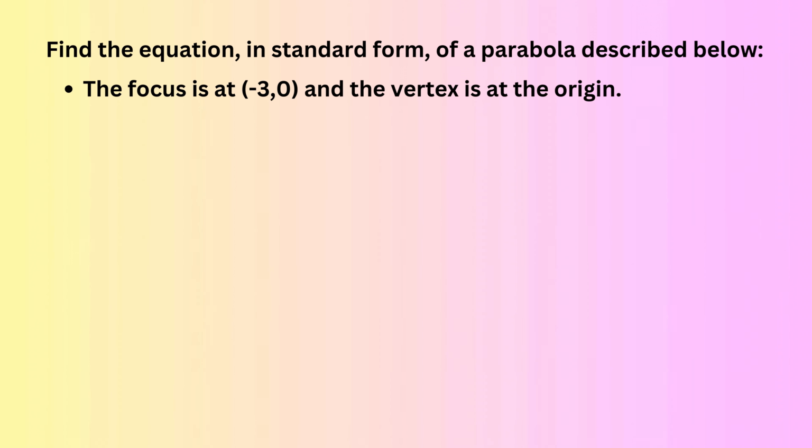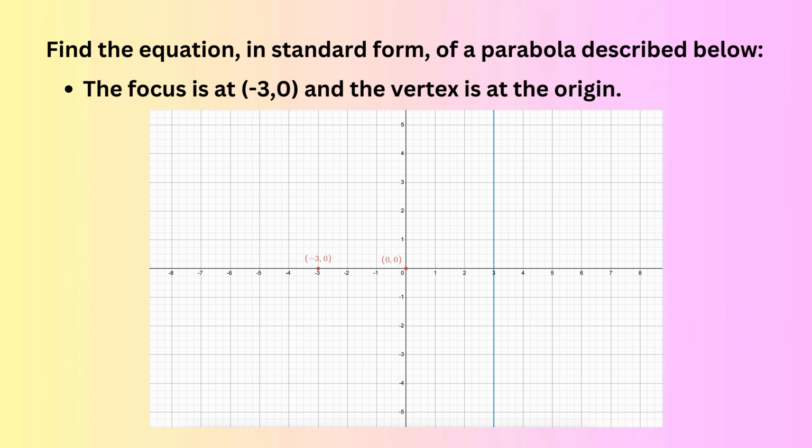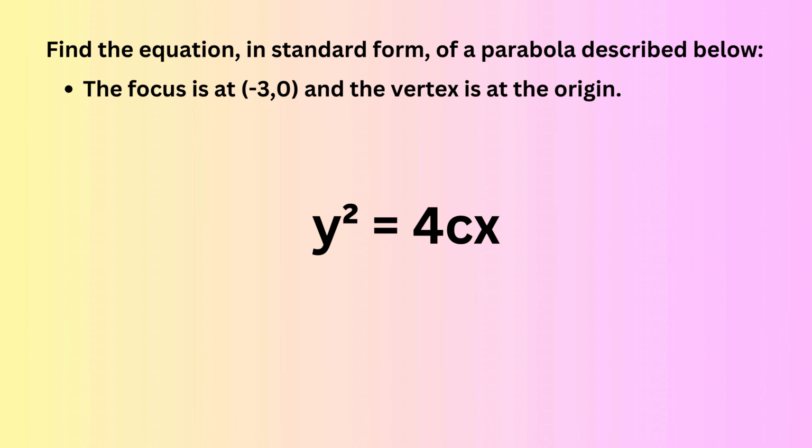Now, for the last given, our focus is at (-3, 0), and the vertex is at the origin. Using this given, even without graphing, we know that the parabola opens to the left, since the focus is to the left of the vertex. Hence, we will use the equation y squared equals 4cx.